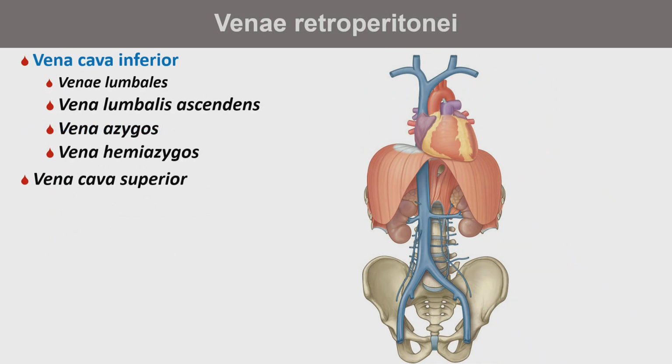Then we have retroperitoneal veins other than the inferior vena cava. The inferior vena cava is connected with lumbar veins, which are veins going transversally into the middle part of the dorsal retroperitoneum.